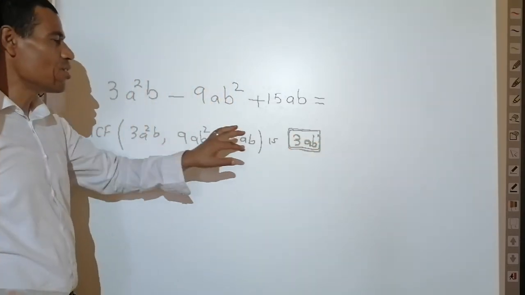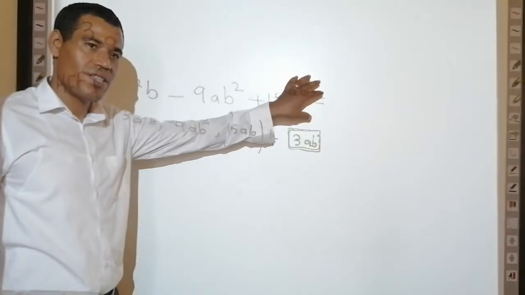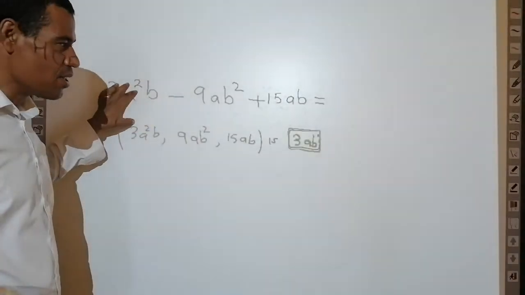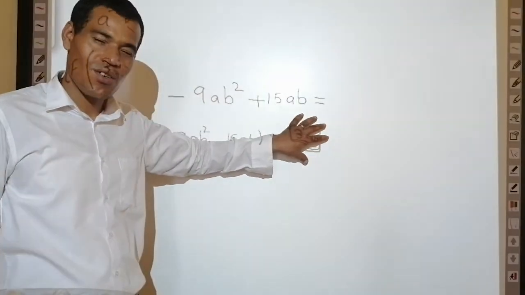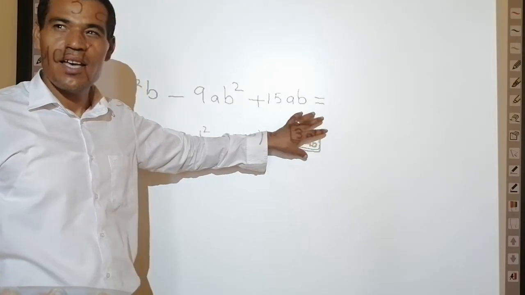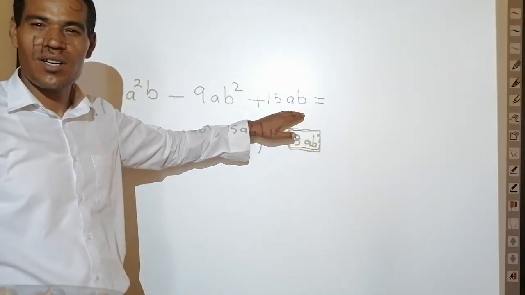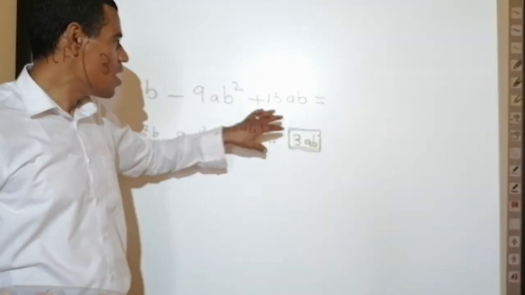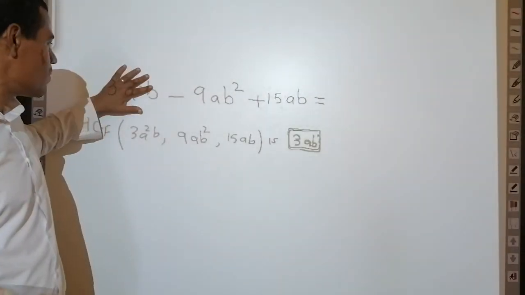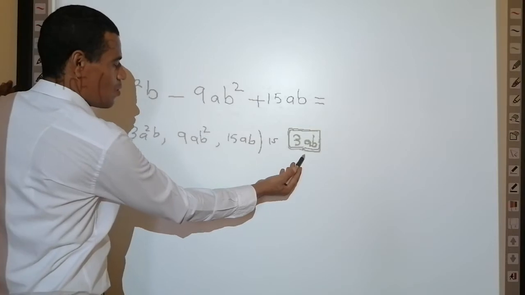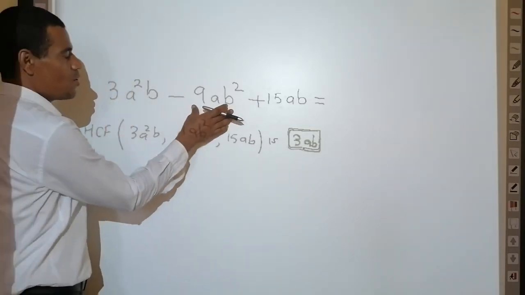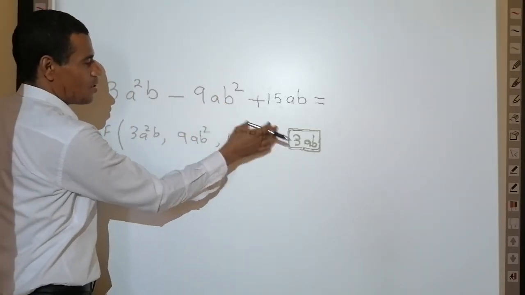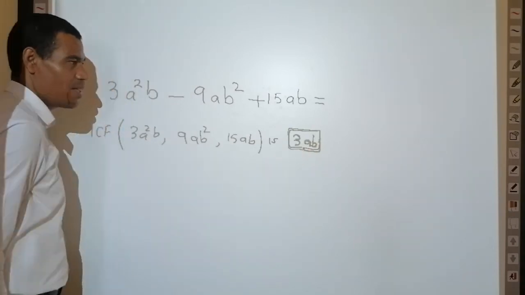Here, my learners, in order to factorize this algebraic expression, just put this highest common factor outside the brackets and write their corresponding remainders. Means that when you divide the first term by this, we get the remainder. Then when you divide 9ab squared by 3ab, we get the second remainder.